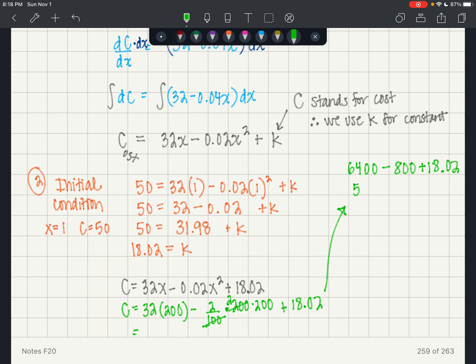So I believe that that's going to be 5600 plus 18.02, which would be $5,618.02 would be our total cost. Total cost for 200 units.